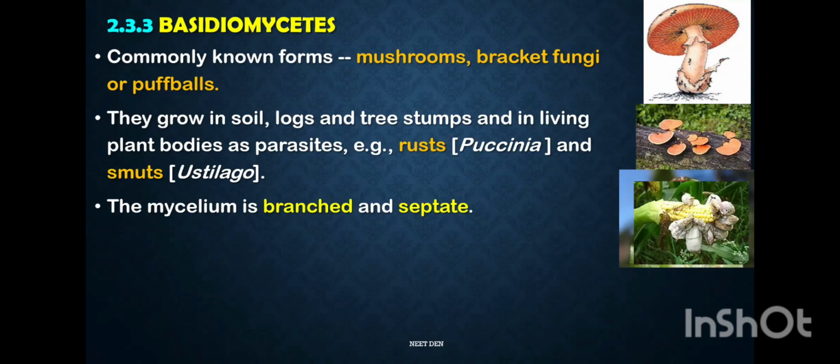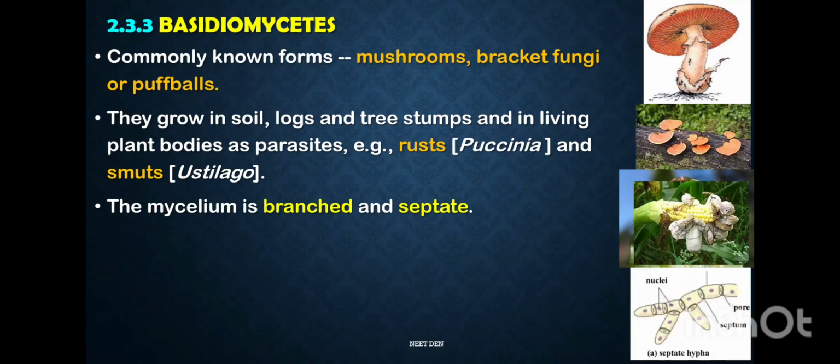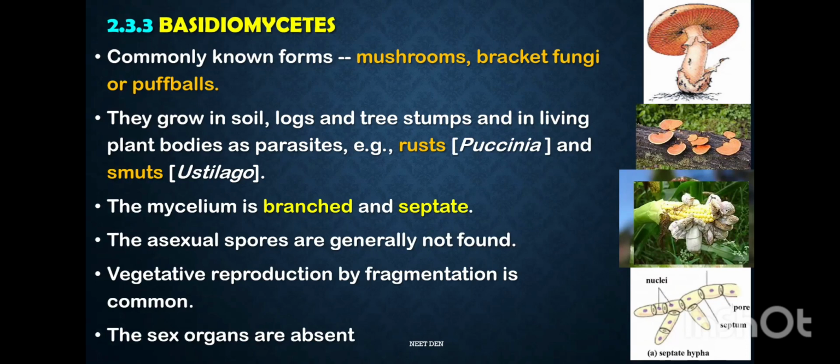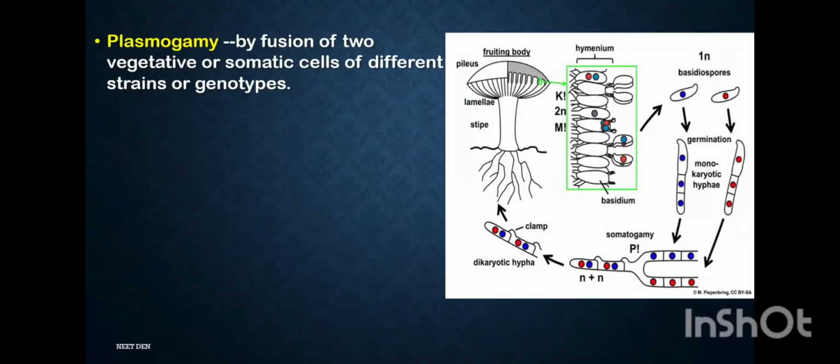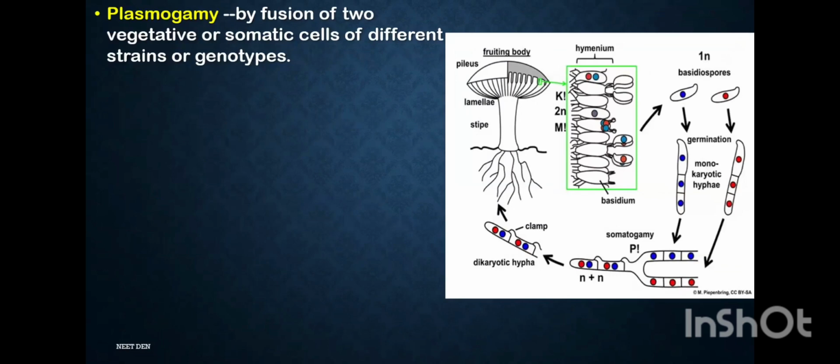The mycelium of these fungi is branched as well as septate. The asexual spores are generally not found in this fungus, but whenever these fungi reproduce asexually, it is by vegetative fragmentation. So we have already seen this picture of Basidiomycetes, in which we have seen the fruiting body, the basidium, the basidiospores, the haploid hyphae, which fuse and produce the dikaryotic phase, and so on.